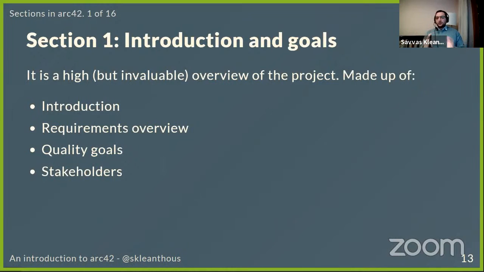So introduction and goals, from personal experience, this is one of the most important sections of arc42, and at the same time, it's the most common piece of information that is missing from other architectural documentations.